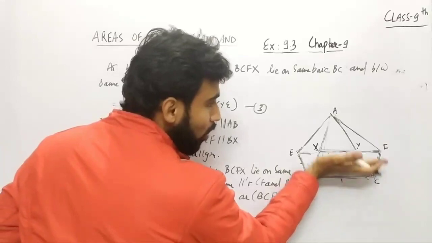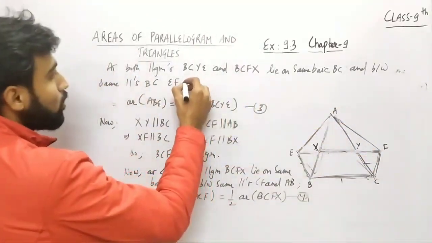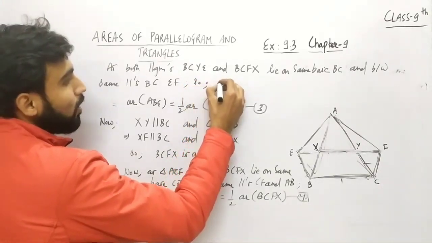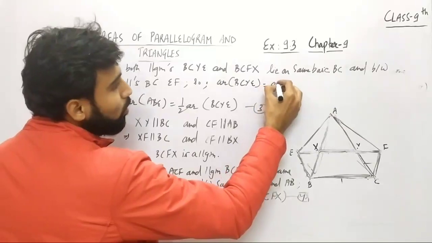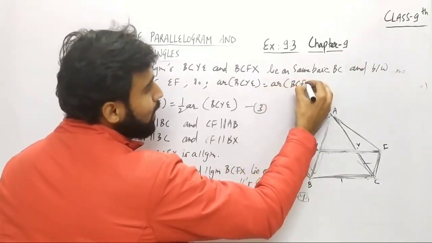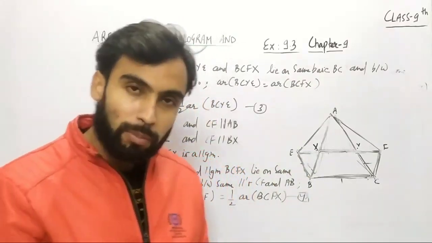So both parallelograms come between these parallels BC and EF. So you can say that the area of parallelogram BCYE is equal to the area of parallelogram BCFX, right? So we have proved that the areas of both parallelograms are equal.